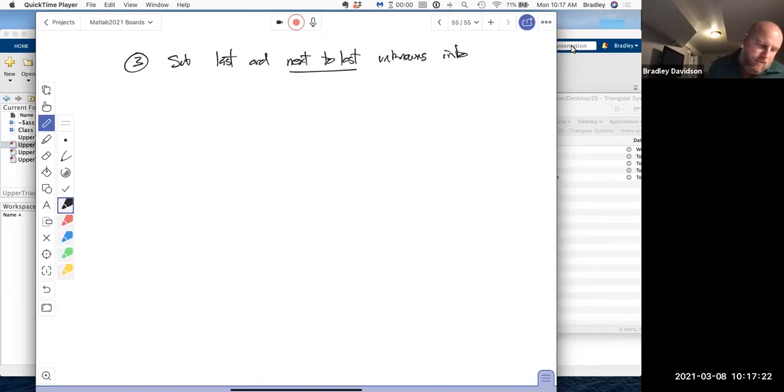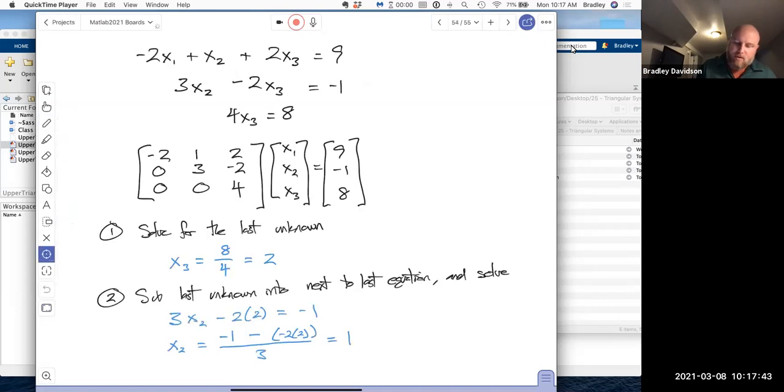Into the next, let's say, decreasing row or equation, one more less. Okay, so we know x3, we know x2. We need to plug that into our first row.